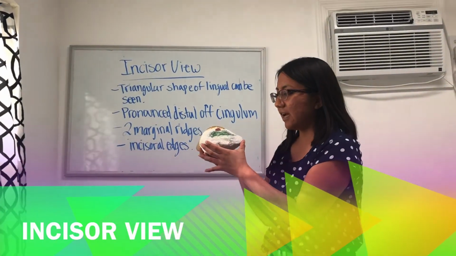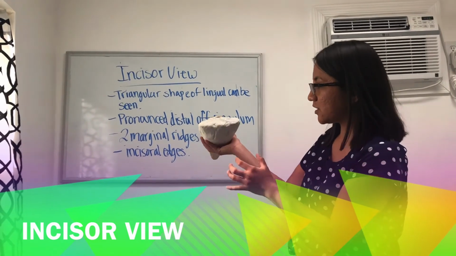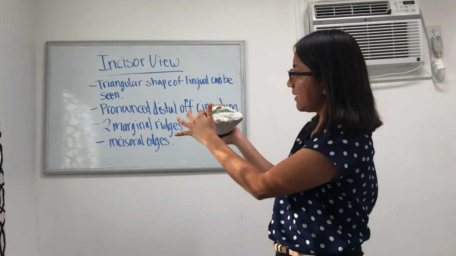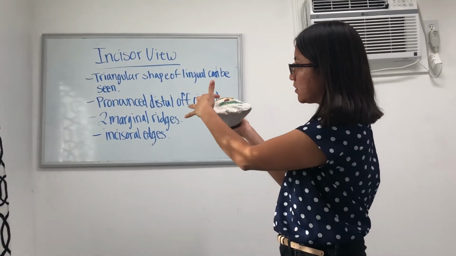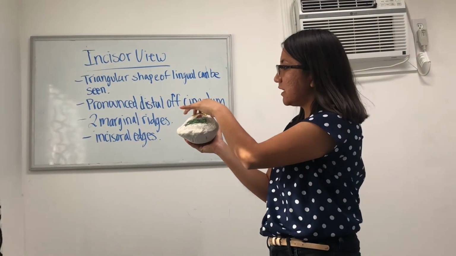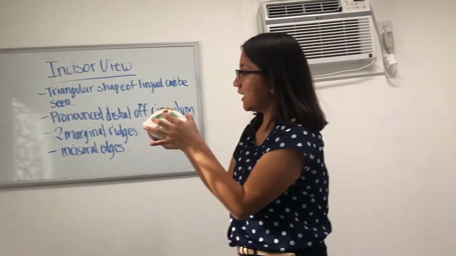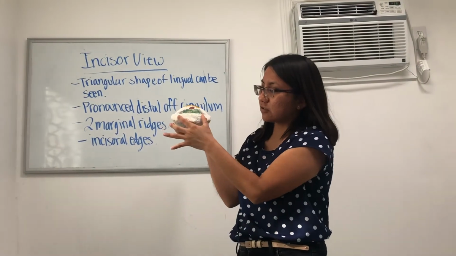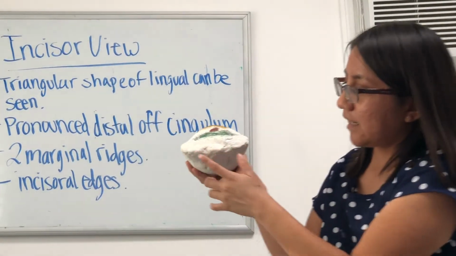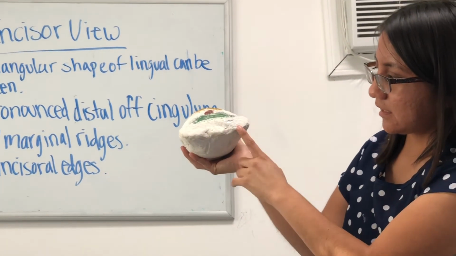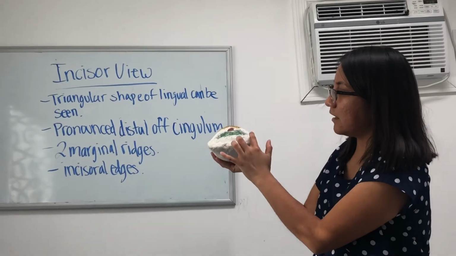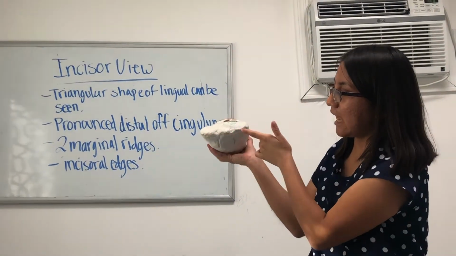Now, looking at the incisal view, you're able to see the lingual has a triangular shape, and you're also able to see the cingulum, which, as I mentioned before, has an offset more to the distal, and then you're also able to see the two marginal ridges going down. Also, you can see in this view the incisal edges of the lingual and the labial incisor.